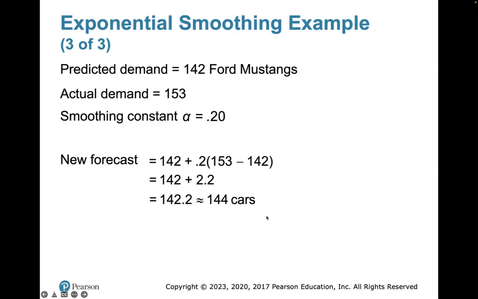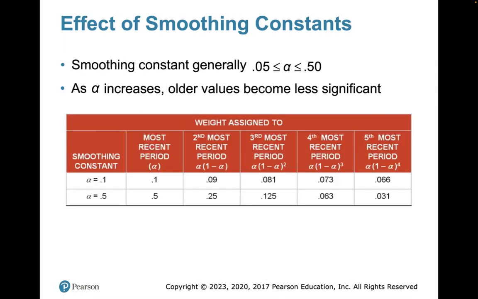So this is another format that we can use, and you can see it's actually not requiring a lot of data, which is very helpful. This is why sometimes we like to use this method. Now, we talked about how the smoothing constant is subjectively chosen. Usually they're within this range.